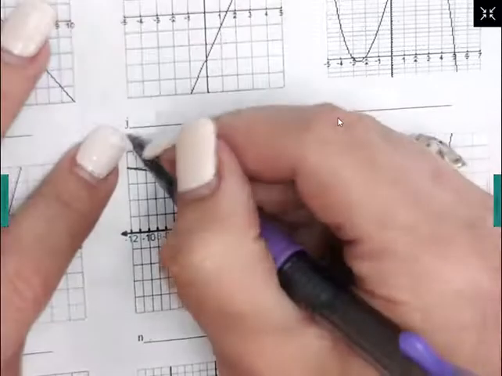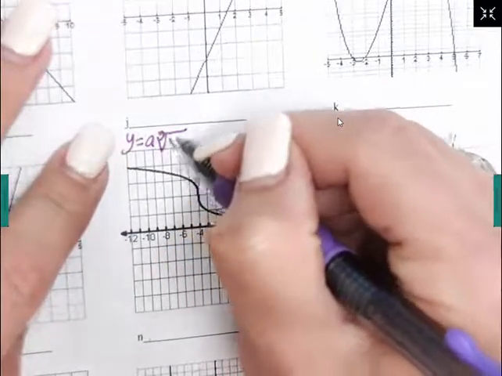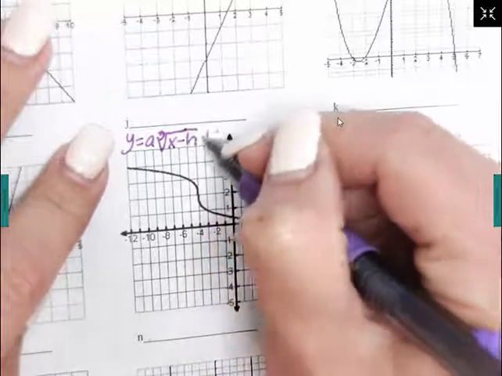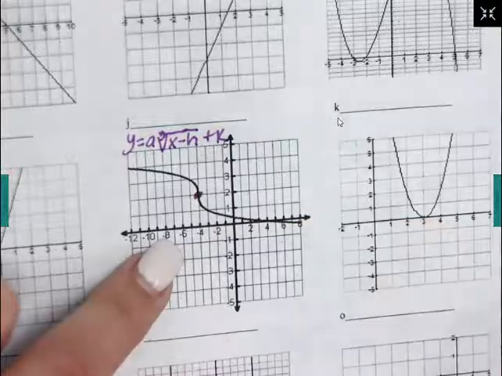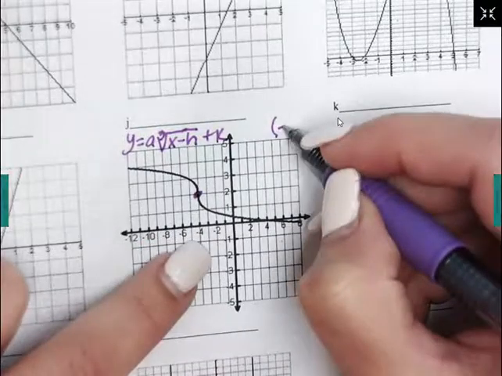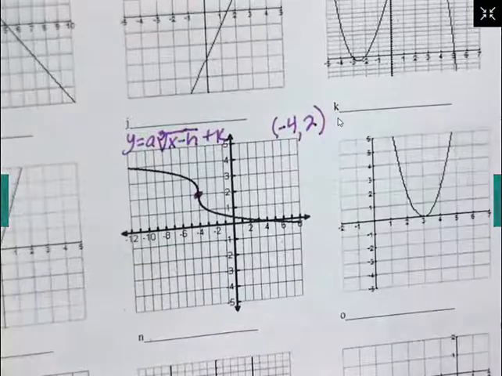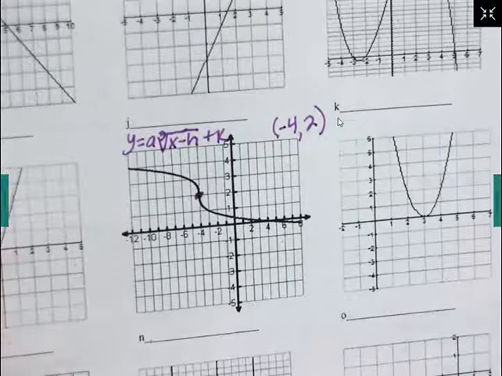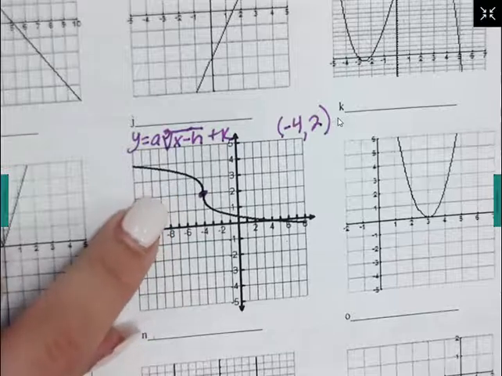This is the standard form. It's y is equal to a times the cubed root of x minus h plus k, where h and k is this point right here. So the coordinates of that point are negative 4, 2? Okay, so we're just going to plug in. Now, you need to know that this is a cube root graph where a is negative.